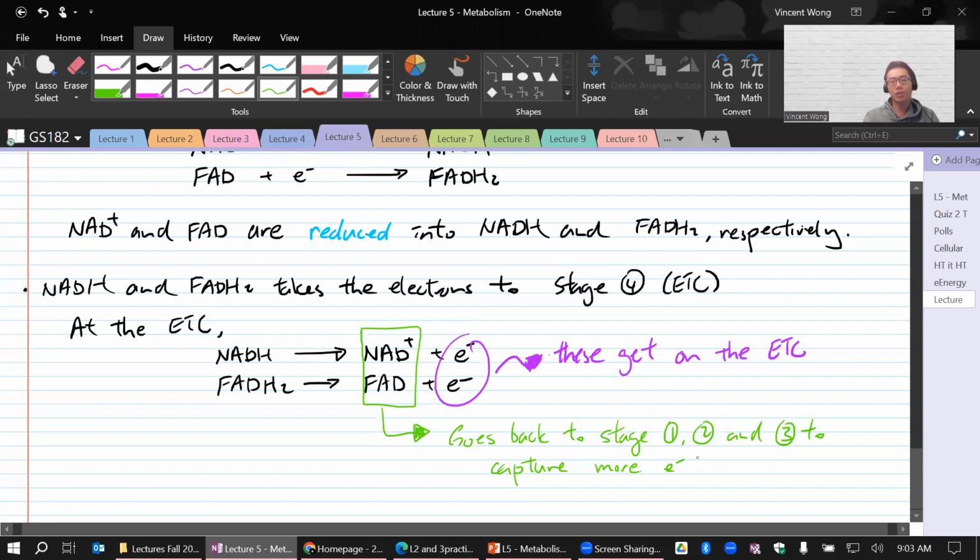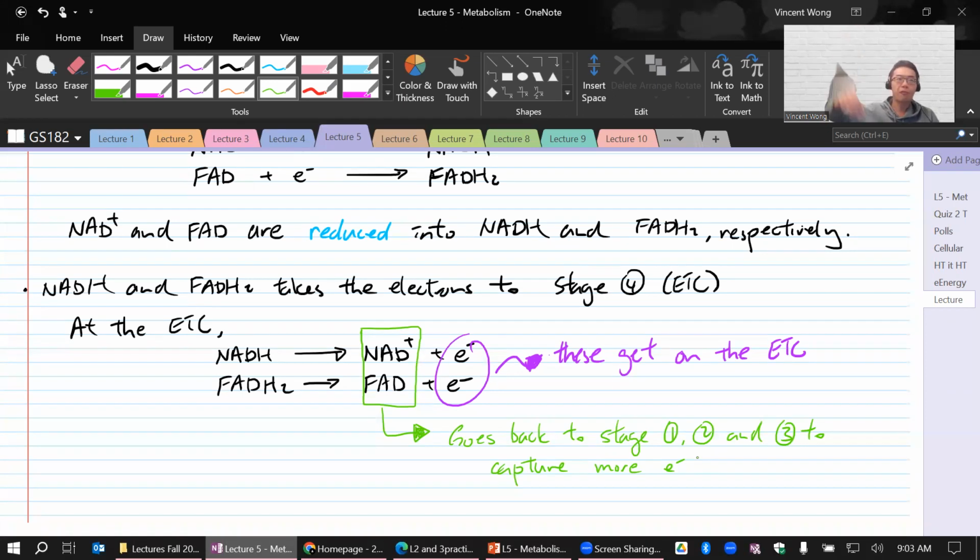The carriers are just a shuttle. They just go back and forth between the first 3 stages and the ETC. Once they let the electron off, they will go back and pick up more. Just goes back and forth all day long, transporting electrons. Okay? Any burning questions? Ask anything that will make you feel better about this note so far.